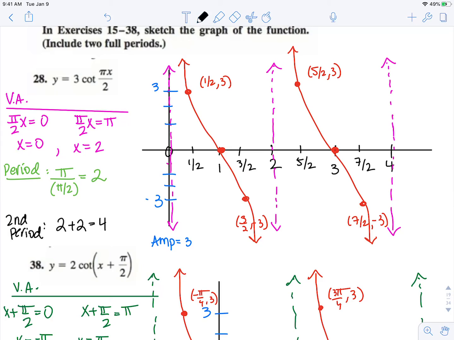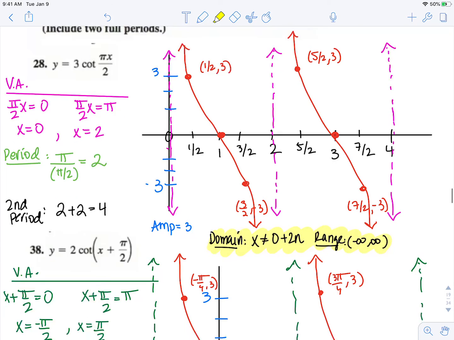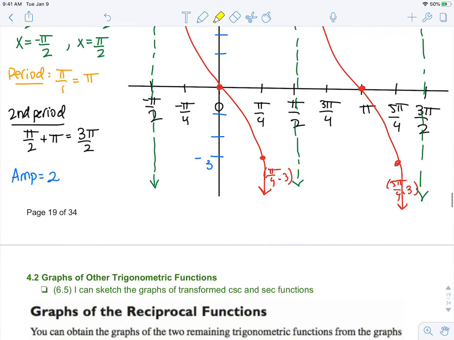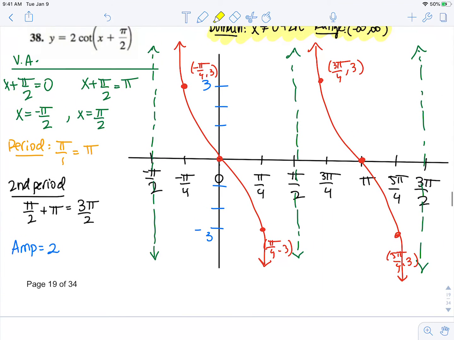In number 28, our domain, x cannot equal the first asymptote plus multiples of the period, and our range is from negative infinity to infinity. And lastly, number 38, x cannot equal the very first asymptote plus multiples of the period.